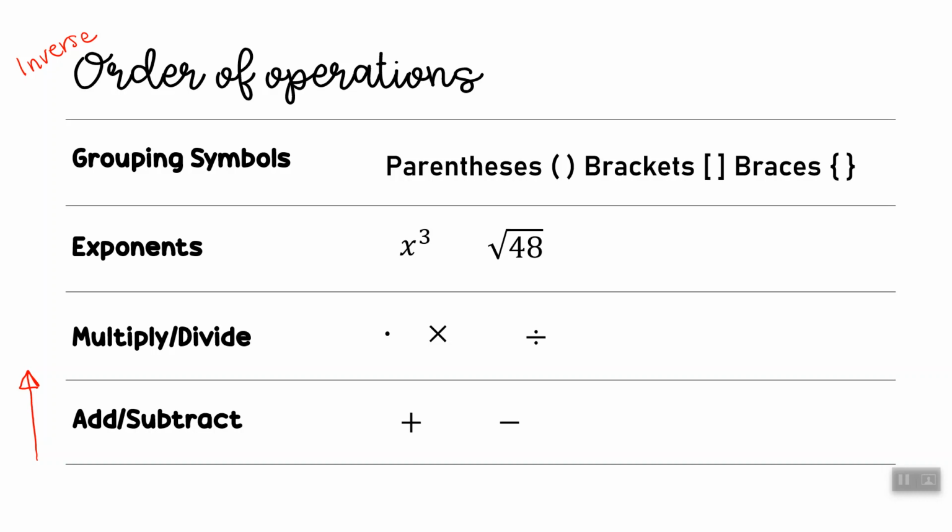However, as we work on to two-step equations and multi-step equations, we want to make sure that we're first canceling out the adding and subtracting. Then we cancel out the multiplying and dividing. Then the exponents. Then we get to our grouping symbols. So although we're not necessarily using order of operations as we did in that very first lesson, we're still applying them by using them in reverse.